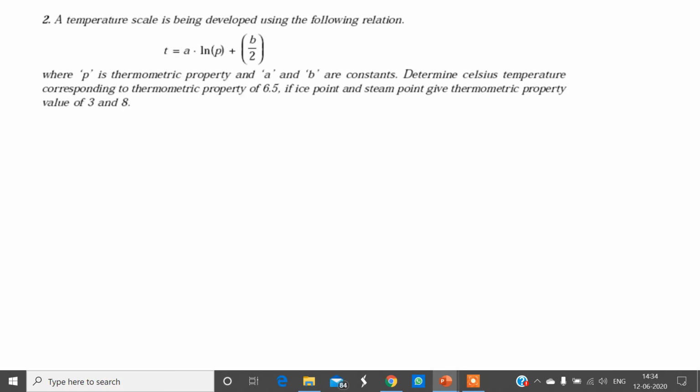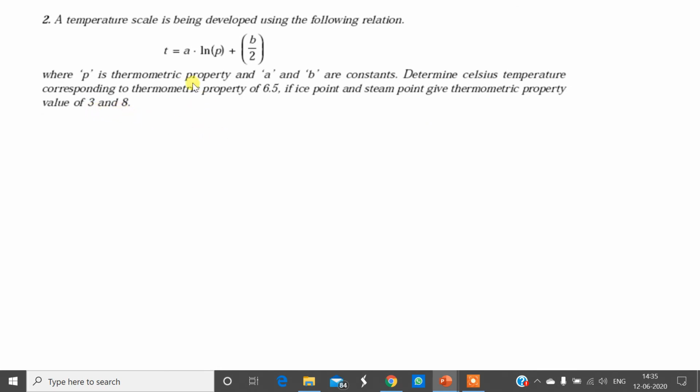The next example: a temperature scale is developed using the relation T is equal to A into ln of P plus B by 2, where ln is the natural log, P is a thermometric property, and A and B are constants. Determine the Celsius temperature corresponding to a thermometric property of 6.5, if the ice point and steam point give thermometric property values of 3 and 8.